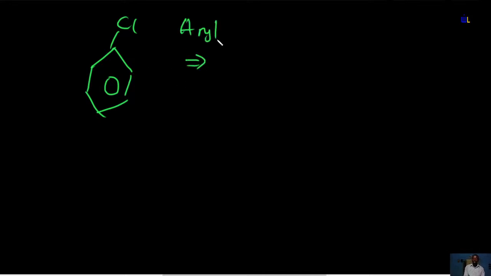So in the aryl halide, once you are considering an aryl halide, it means that it is attached to a benzene ring. The aryl group is the benzene ring group. So once you have a benzene ring attached to a chain of carbon atoms that has a halogen or directly to a halogen, this is what we refer to as your aryl halides. Very important thing to note about your aryl halides.